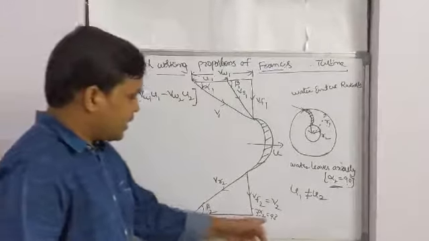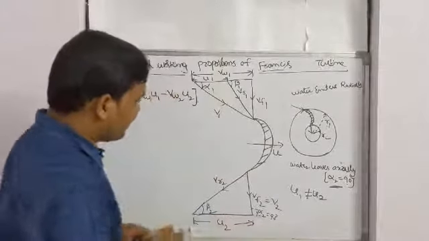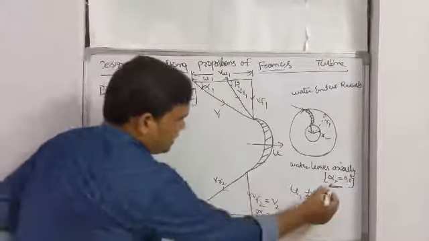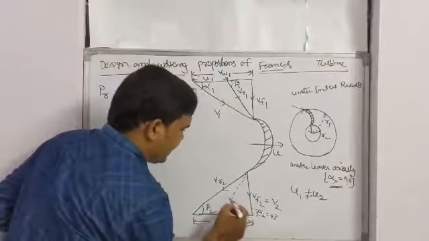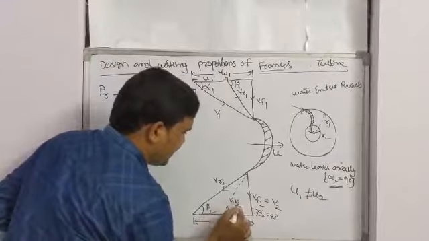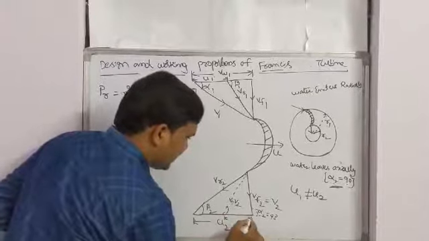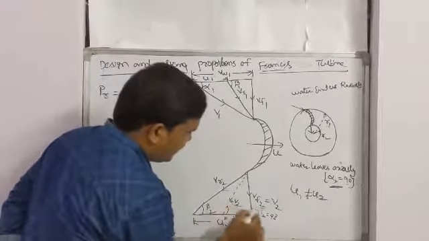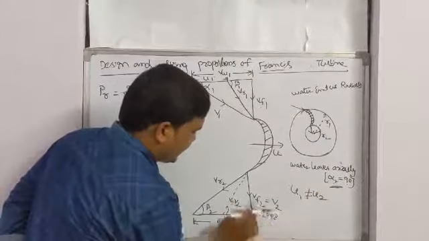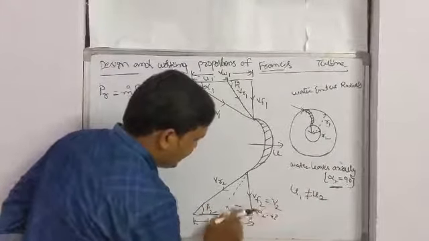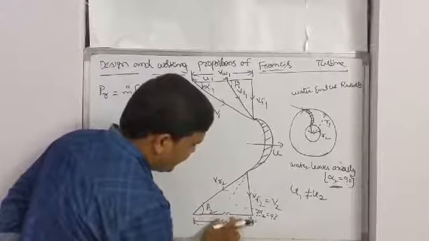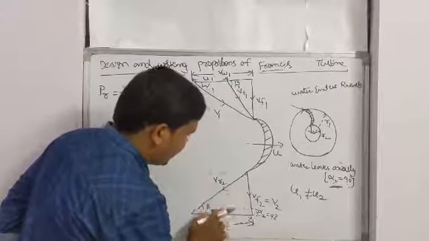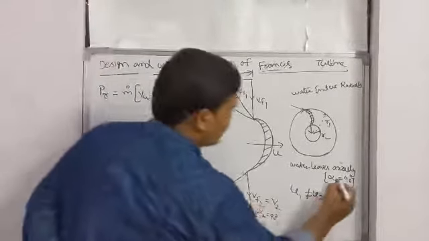Whenever the water does not leave axially, this is V2, and the horizontal component will be VW2. But if the water leaves axially, alpha 2 is 90 degrees, then V2 merges with the axial direction, so VW2 will be 0.